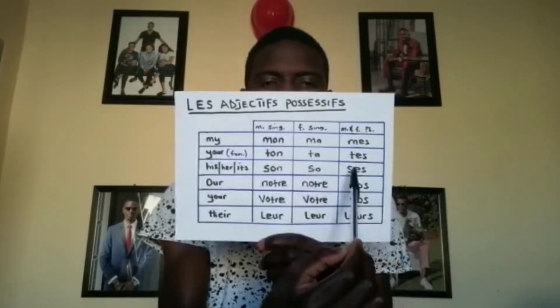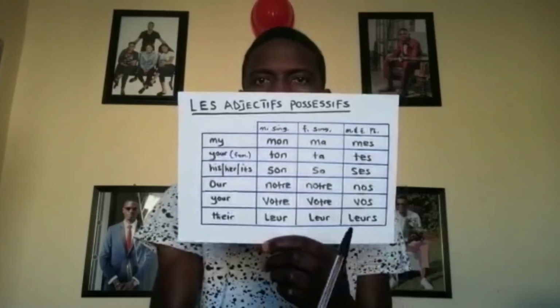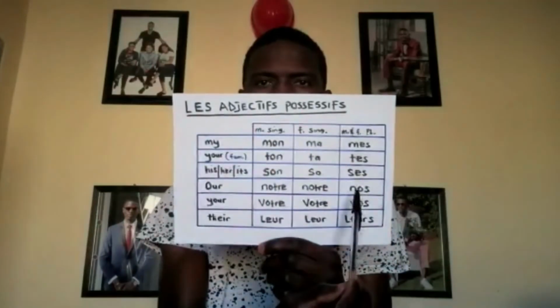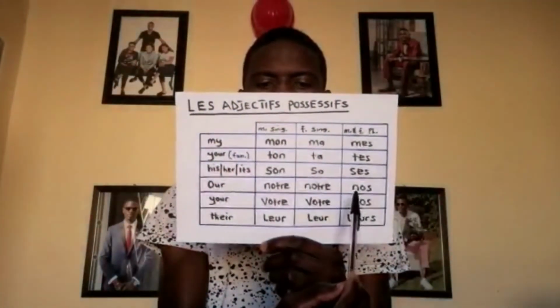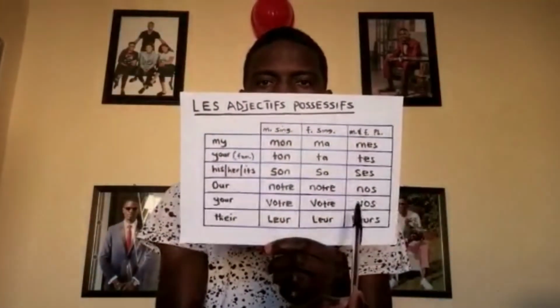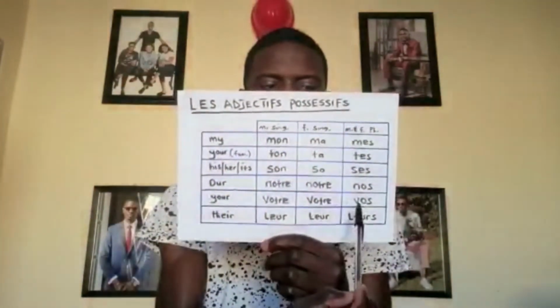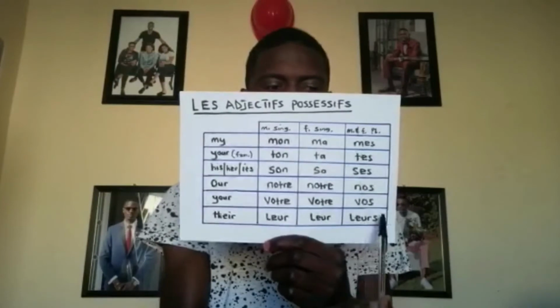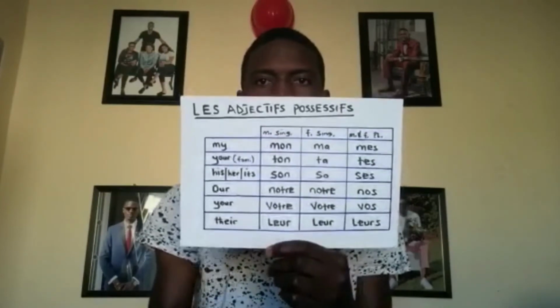You say ses if you like to say his, her, or its in a plural form. And you say nos if you like to say our, but the noun that follows is plural. We have vos for your, and then we have leurs with the s at the end for their in a plural form. Let's look at a few examples here.